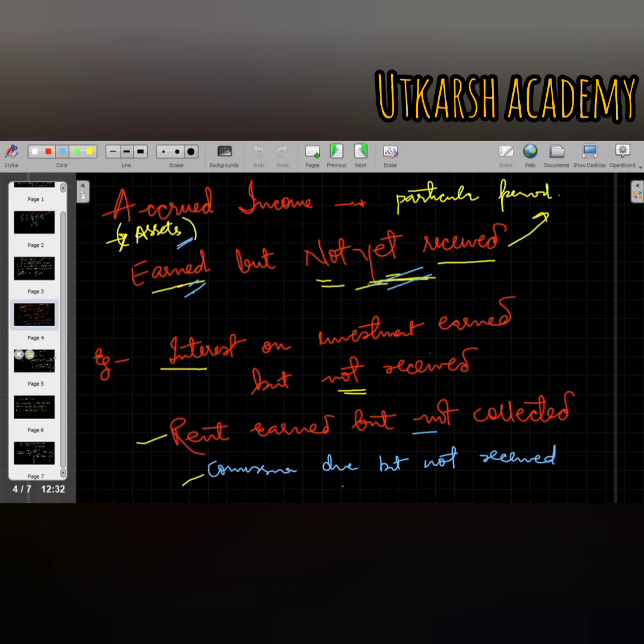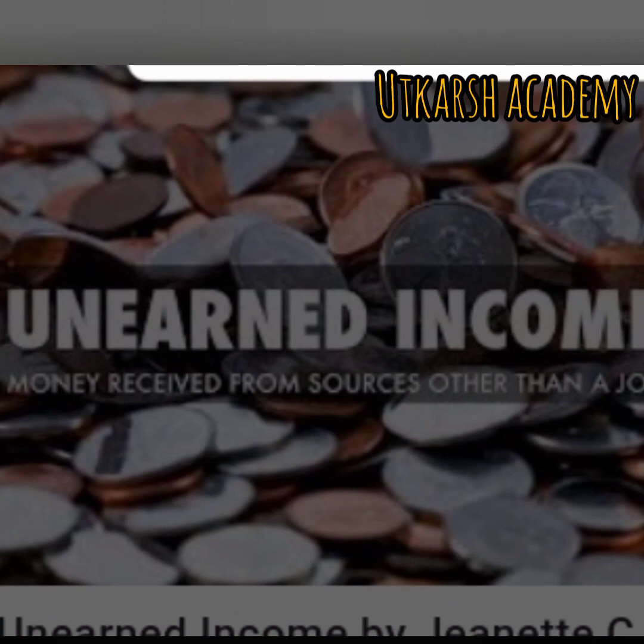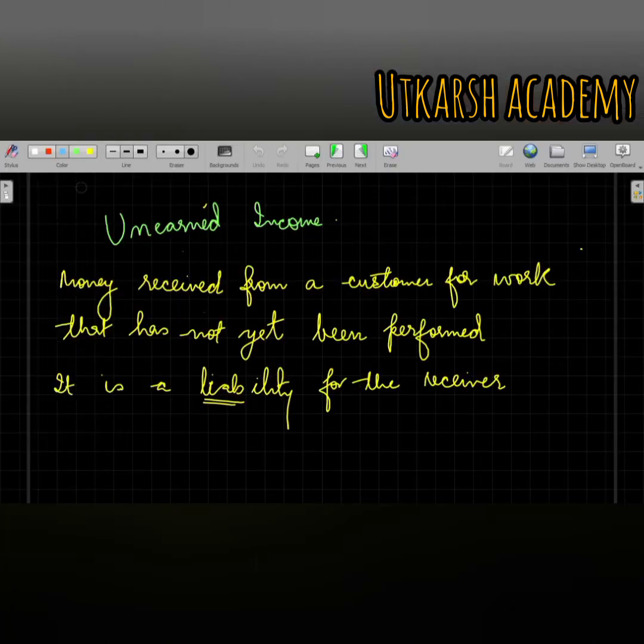The last one is unearned income. What do you mean by unearned income? The name suggests we have not earned it. It is the money received from a customer for work that has not yet been performed.